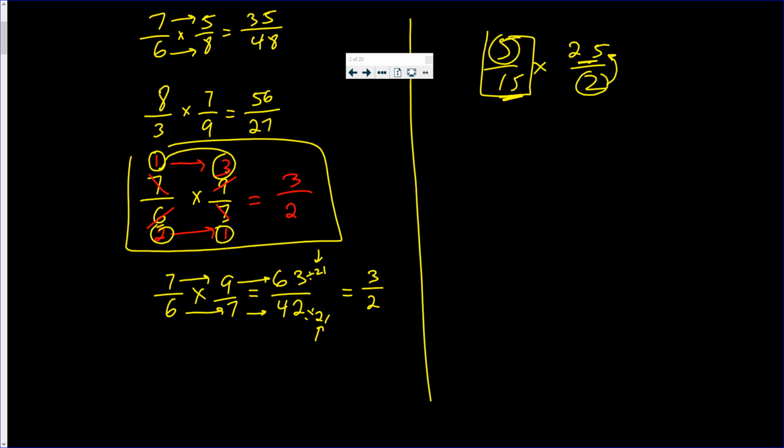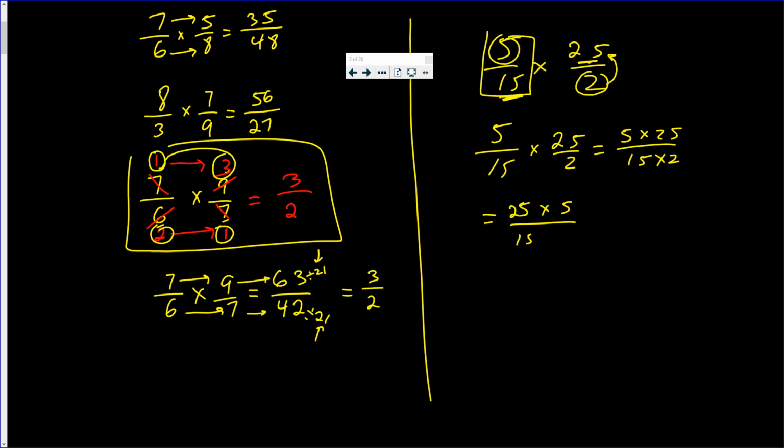The reason it's nonsense is, let's suppose for a moment you can't do it. You can't divide the 5 and the 15 because they're underneath one another. Well, this is equal to 5 times 25 over 15 times 2. But 5 times 25 is the same as 25 times 5 over 15 times 2.